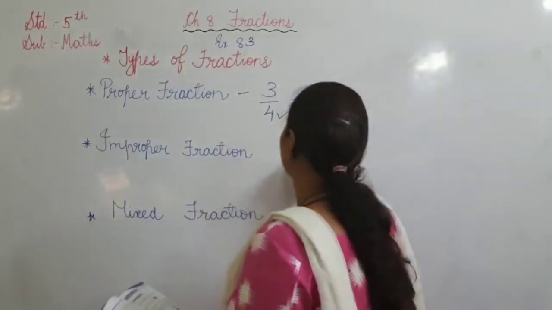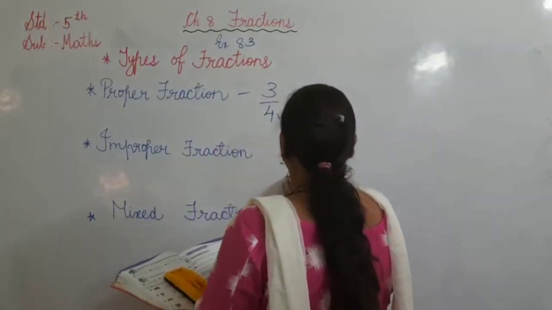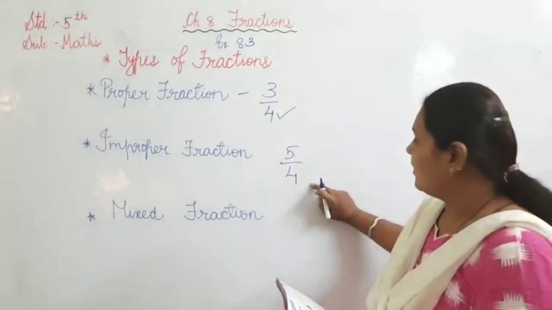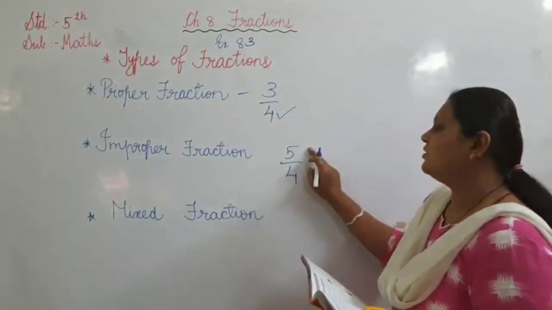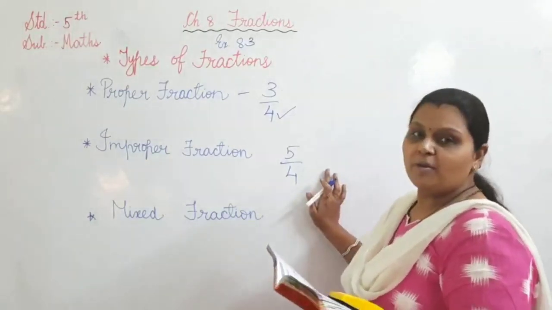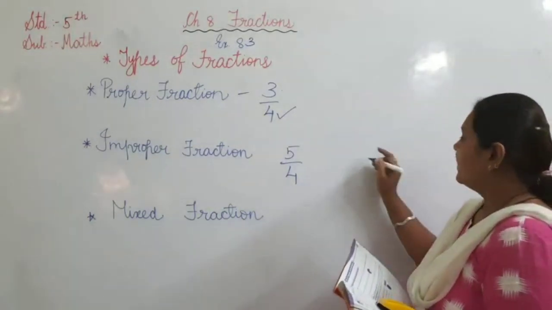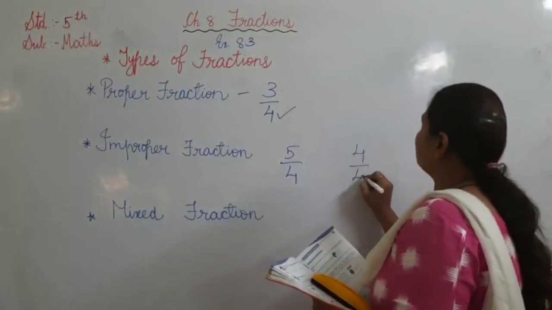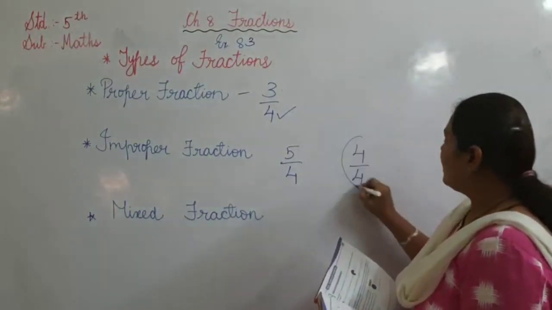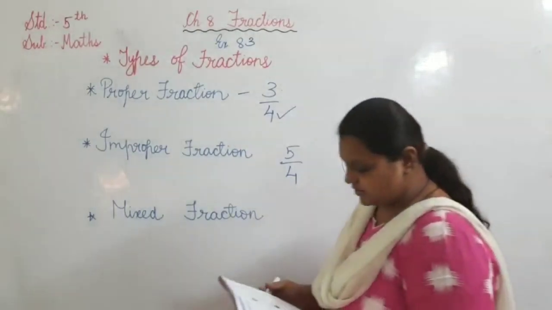For example, 5 upon 4. Here 5 is greater than 4. So the numerator is greater than the denominator, so it is called an improper fraction. Or if it is equal, that is 4 upon 4, it is also called an improper fraction.